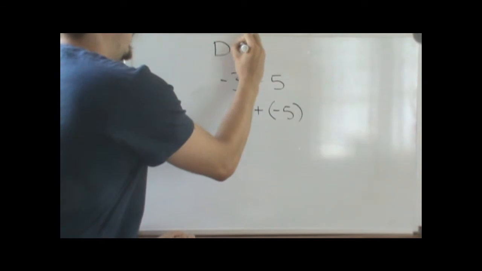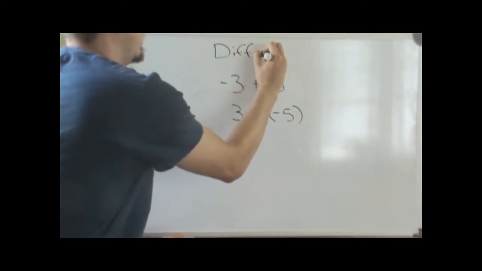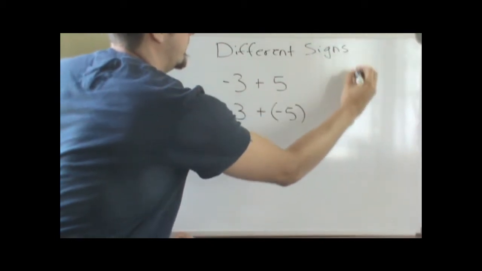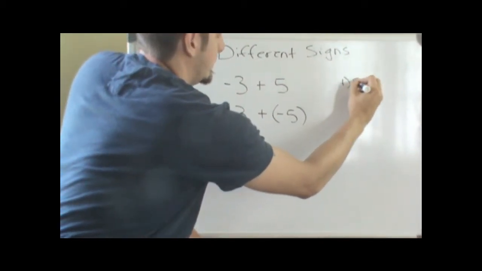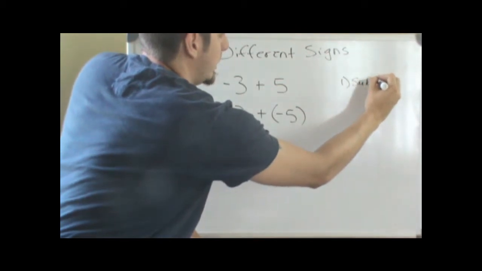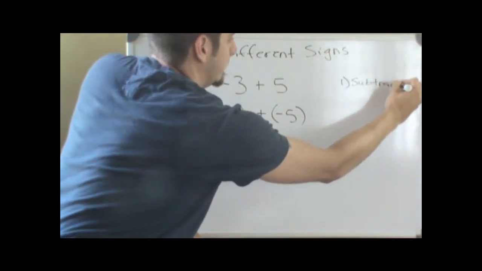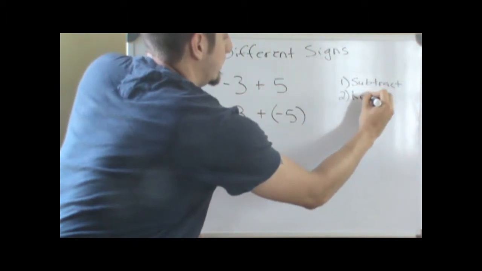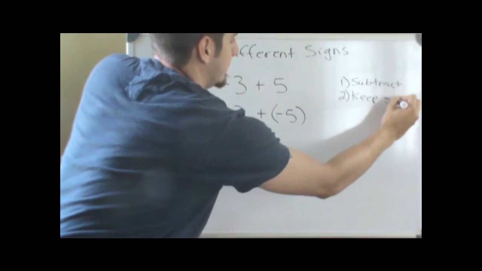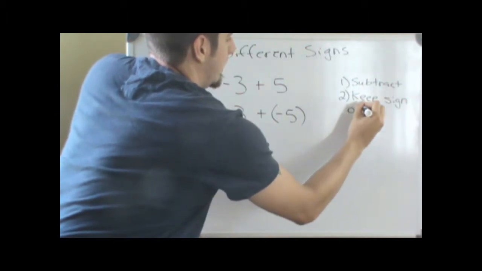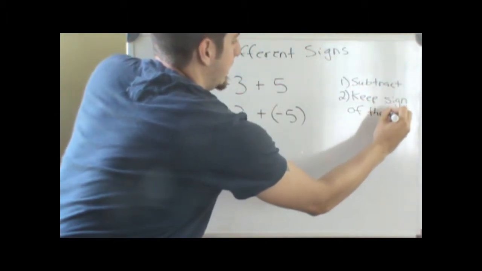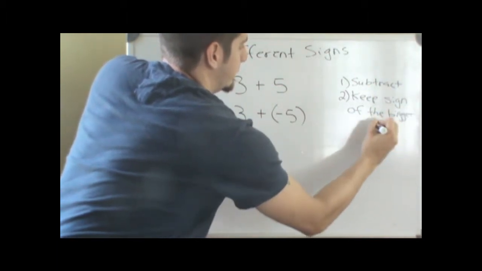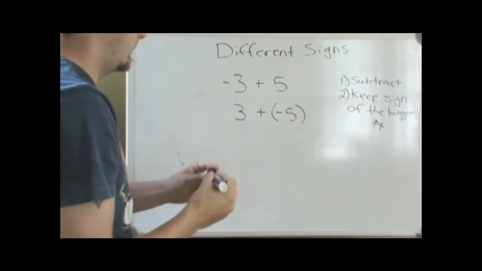The rules for different signs are that you first off subtract the smaller number from the bigger number, and secondly you're going to keep the sign of the bigger number. Always keep the sign of the bigger number.